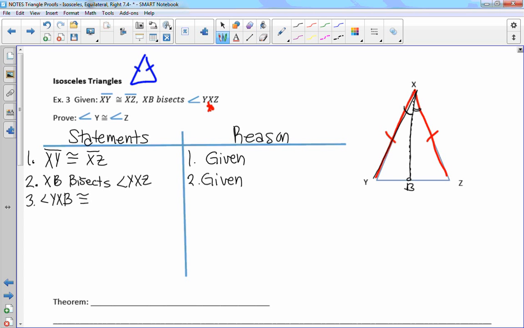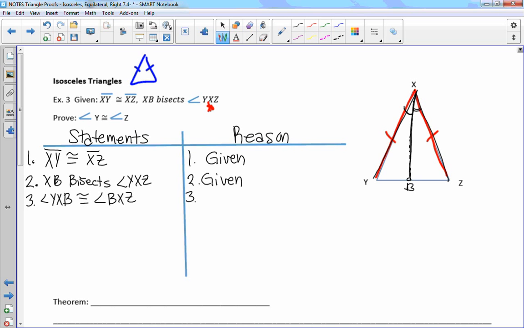Brianna, what's the other angle on the right little triangle? Because we essentially made two little triangles. I need three letters for the angle. Yeah, and the X is in the middle. So BXZ. Angle BXZ.